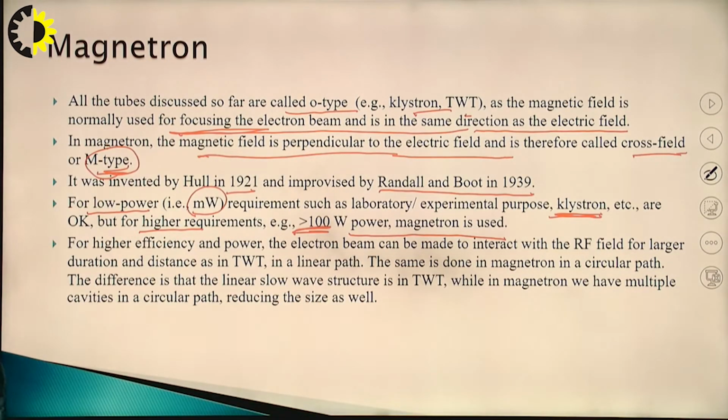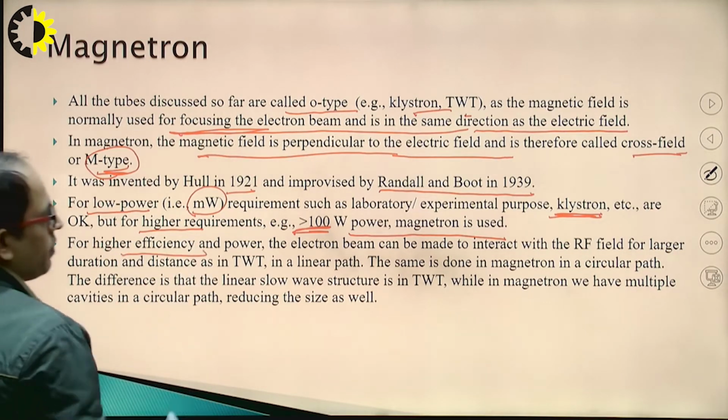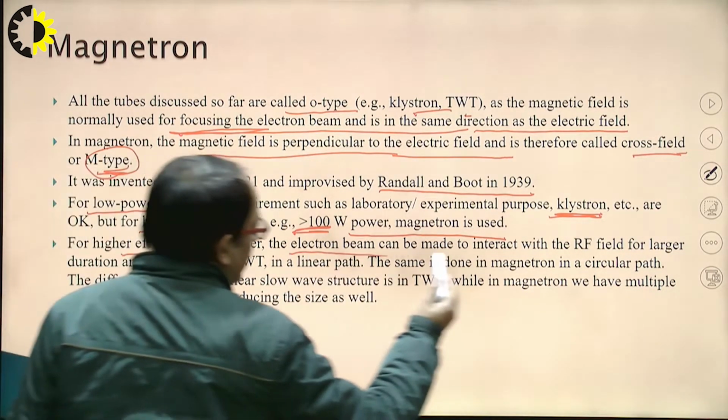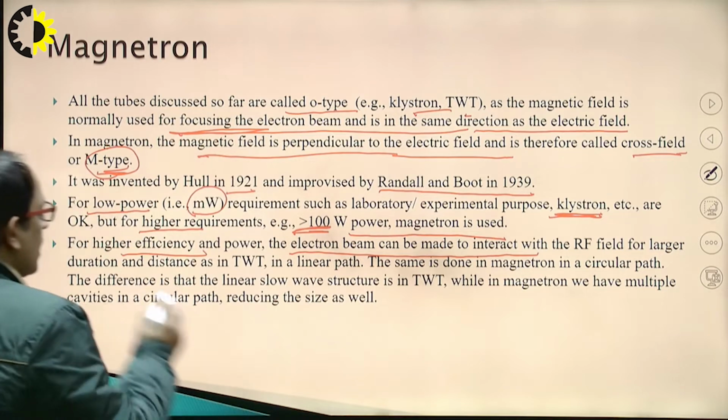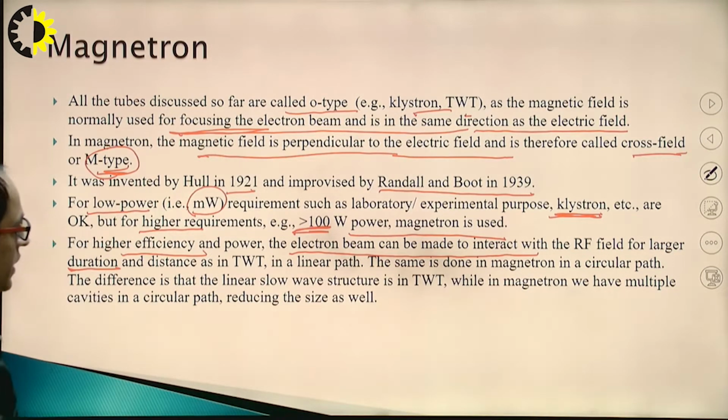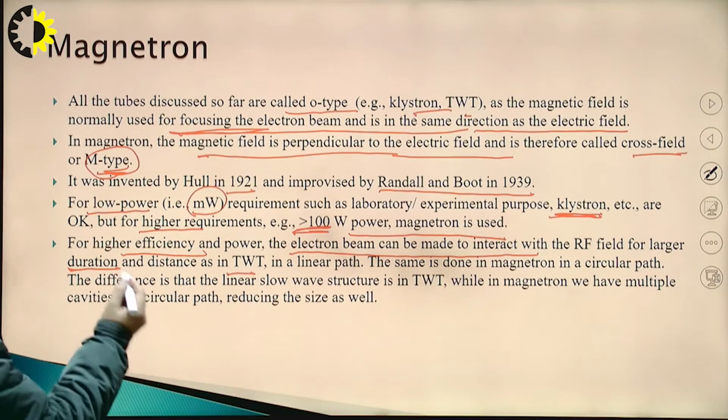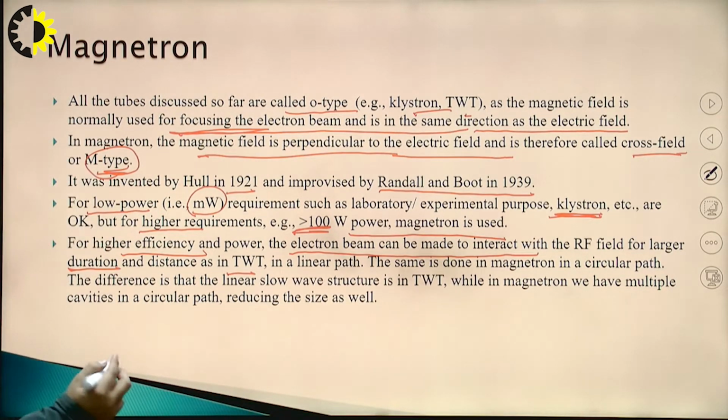For higher efficiency and power, the electron beam can be made to interact with the RF field for a larger duration. That is the case in the TWT, because we always prefer higher efficiency.